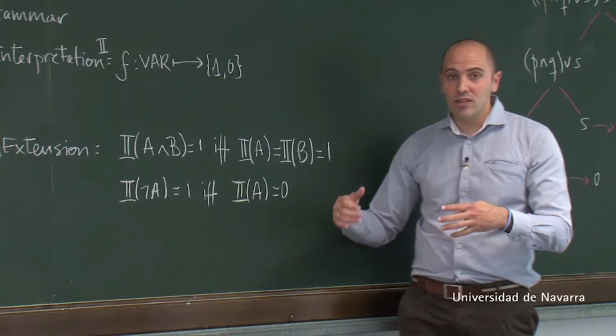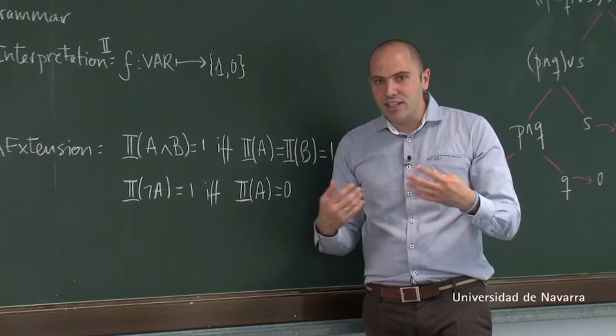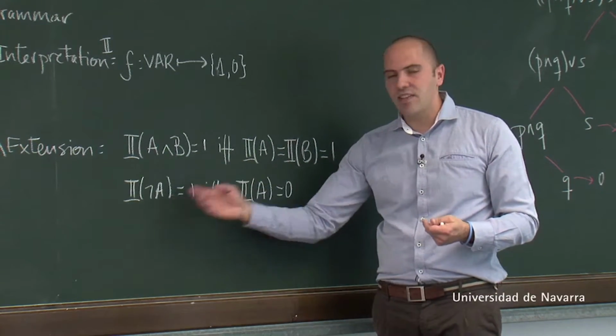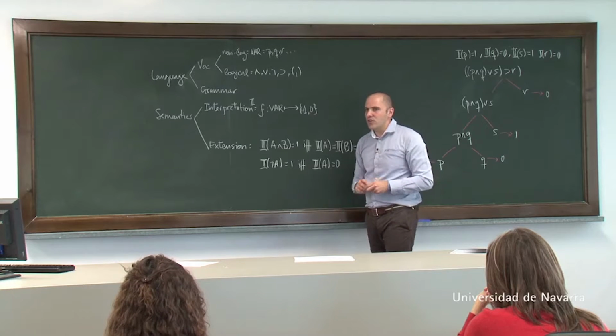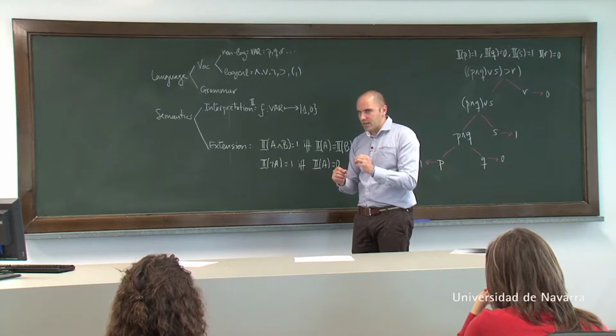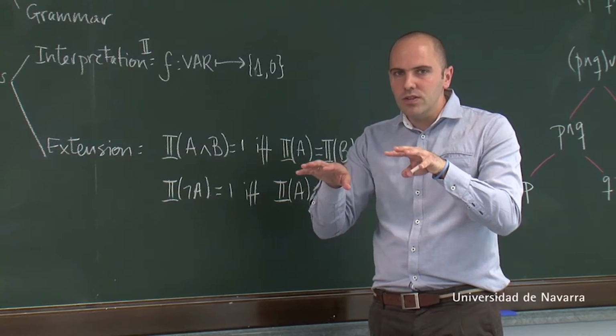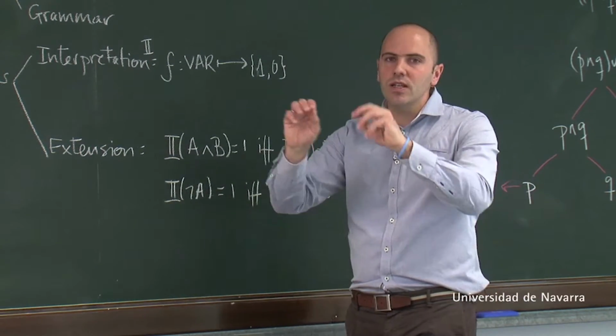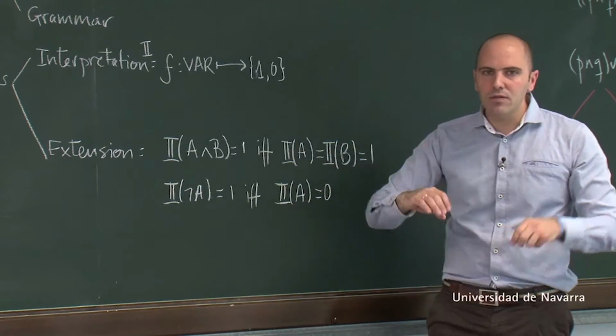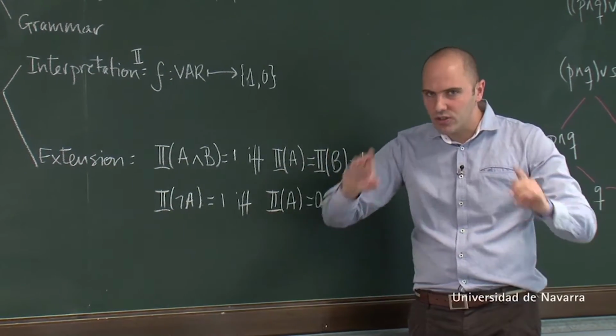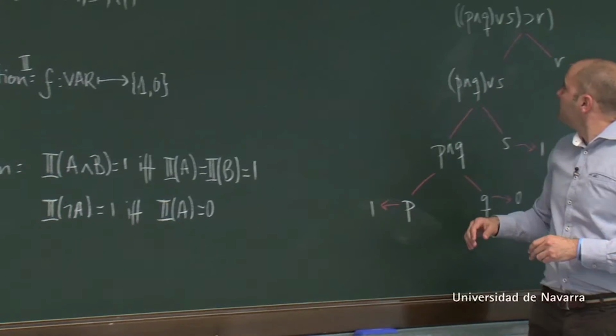So this should match our intuitions about conjunction and negation. So let's see how this works with a particular example. Given an interpretation for the propositional variables, this interpretation will induce a unique truth value for any formula of the language.